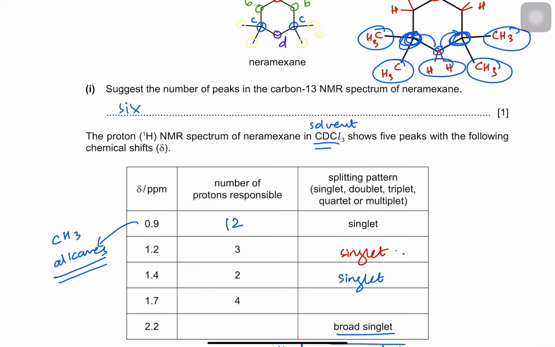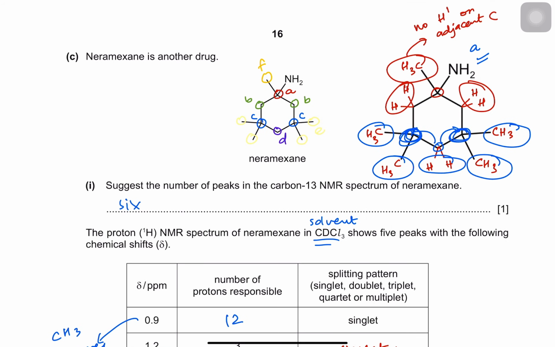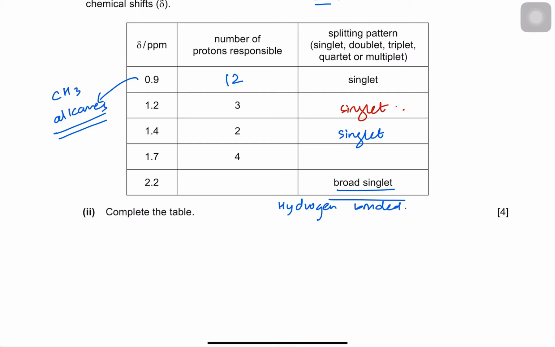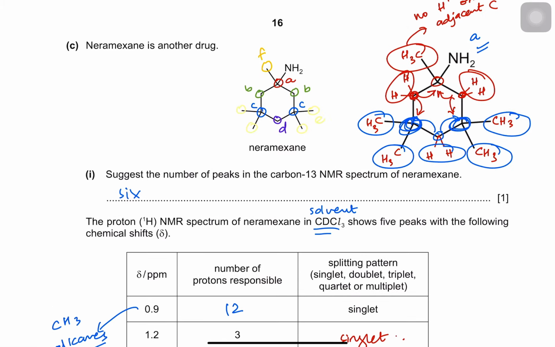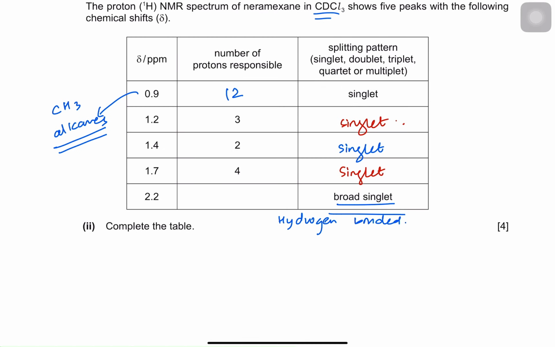But if you notice, they are attached on this carbon, and the neighboring carbon has no proton on the adjacent carbon. So again, this is also a singlet. And we have this NH2. So in NH2 there are 2 protons responsible because of the NH2 group.